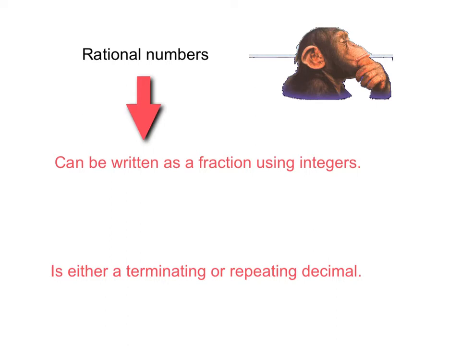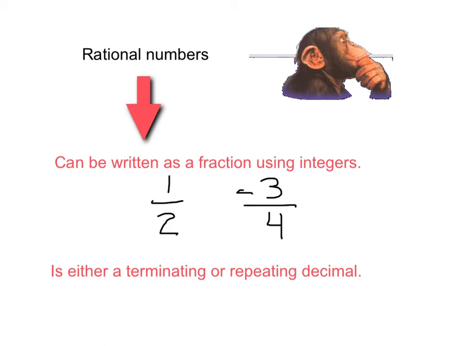So let's do an example of that, a fraction using integers. So 1 over 2. 1 and 2 are integers, so it's a fraction that is considered a rational number. All right, how about -3 over 4? Well, -3 is an integer and so is 4, so that meets our definition. -3/4 is a rational number.